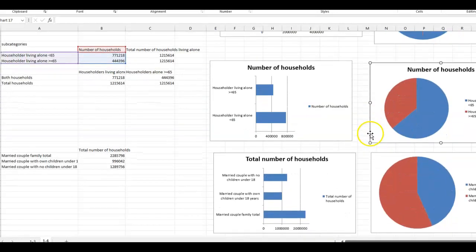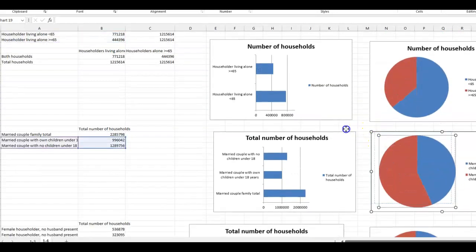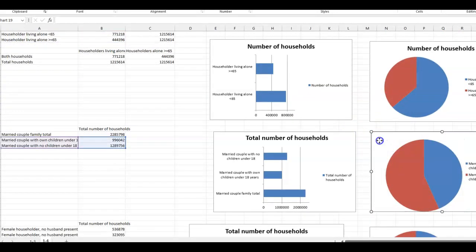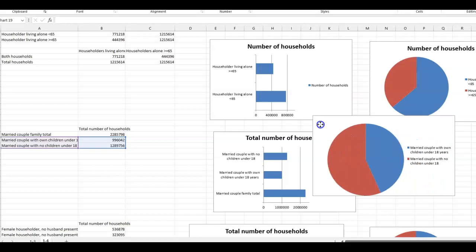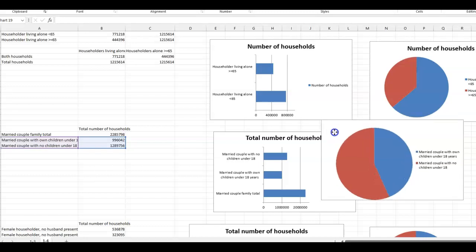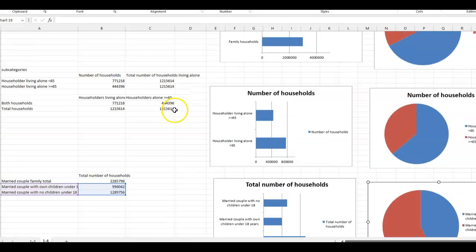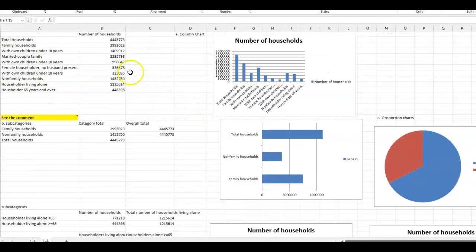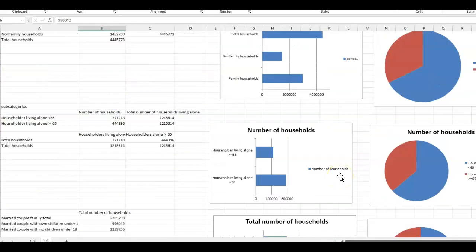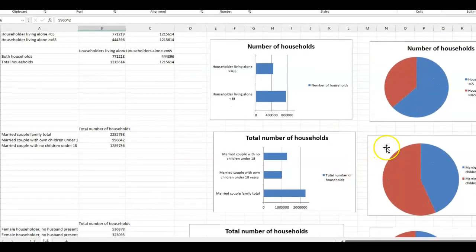The next pie chart that you'll have to do is married couple with children under 18, married couple with no children under 18. So that's the category. So married couple family, that's the total. This is with kids under 18. So that's another pie chart.